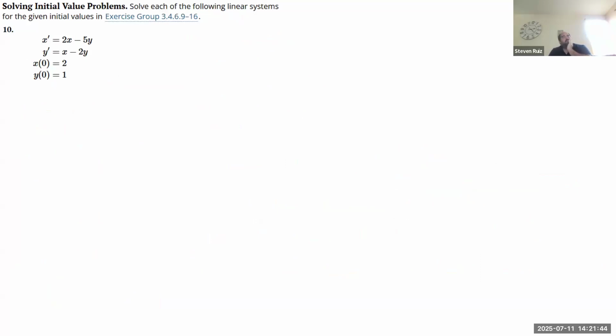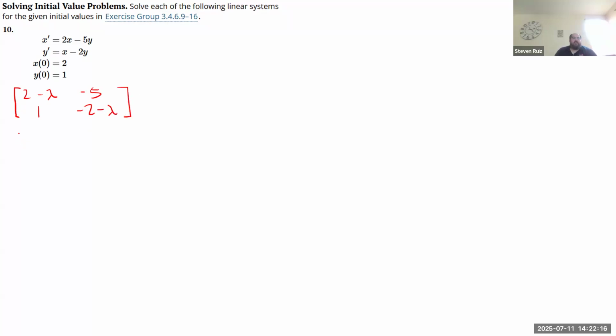Question 2, same, most of the process here is going to be the same, except now I have an initial condition to help me find the values of the constants that I was unable to evaluate in the last question. So what's our first task here? Build out the matrix that I need. So 2 minus lambda, negative 5, 1, negative 2 minus lambda.